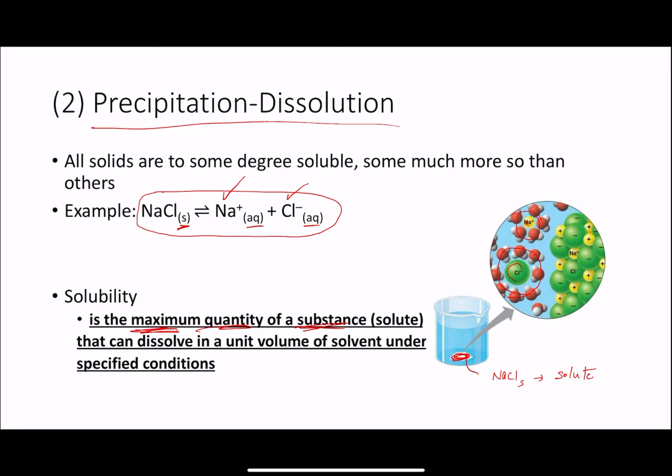Water or any other fluid. So NaCl, that can dissolve in a unit solvent. This is water or H2O. So the maximum quantity of solute that can be dissolved in a unit volume solvent.